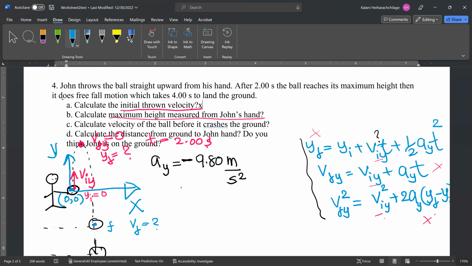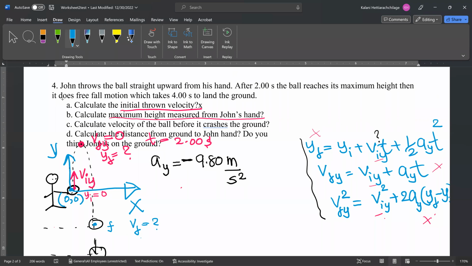Now you're going to decide whether you need the whole problem, starting at what you labeled initial to the ending at the crash on the ground, or maybe you can use half of the motion, that means from the maximum height point to the crashing ground. You're going to decide as you want, right?